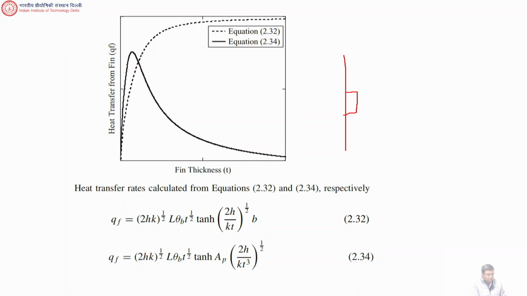And what happens when we, drawing on this one is difficult, but I'm just trying to draw this. Actually, I should have drawn it thinner, but you get the point, right? A thinner fin which is longer. Then heat transfer again will be small, isn't it?